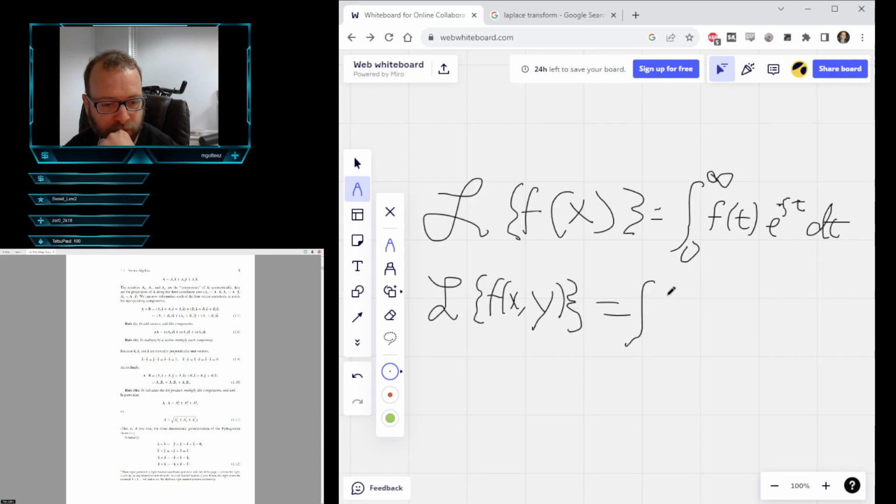And the Laplace transform in the y, so we go from 0 to infinity, for both x and y, transformation, f of s, and then we'll define our new variable, let's call it u, because t is taken up.